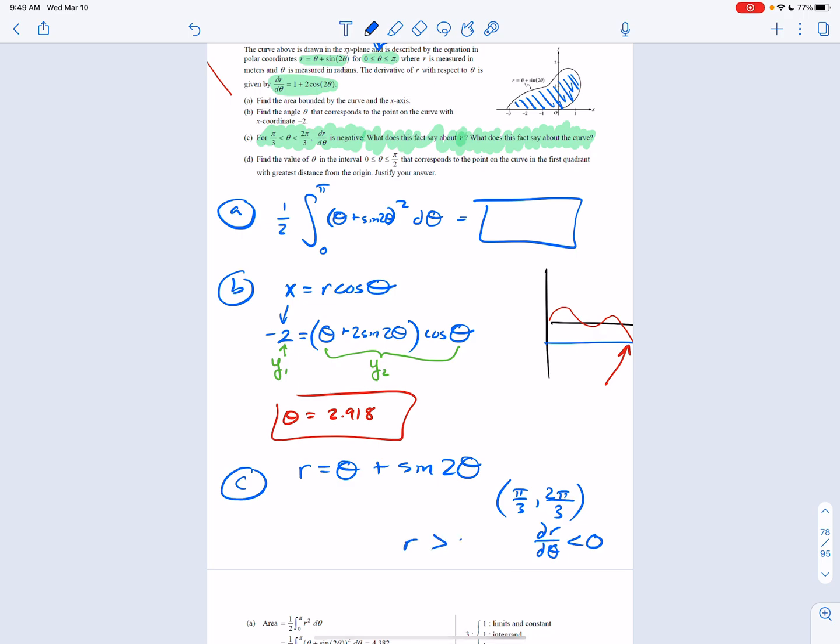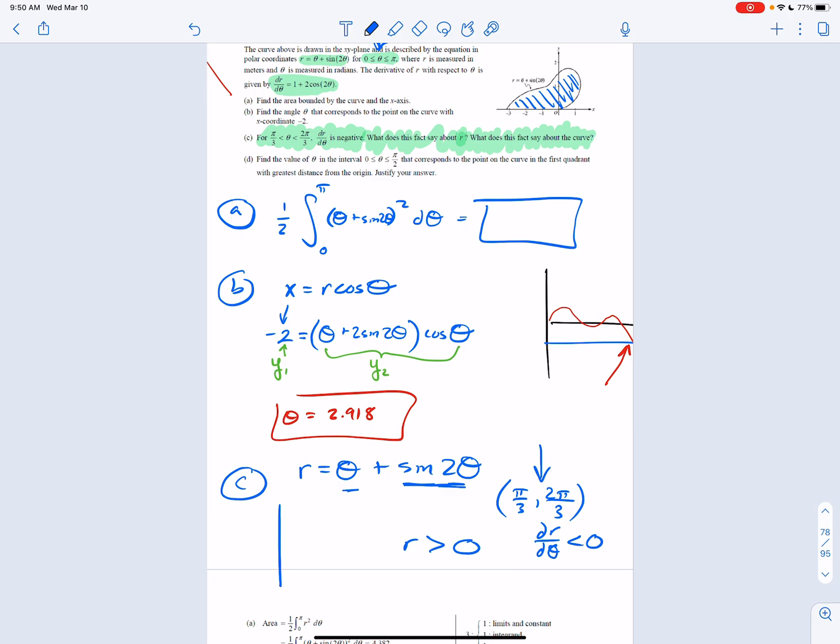The only thing missing here is, well, what's happening with r? Is r greater than 0 or less than 0, right? And this is where you actually have to analyze this. If you pick any angle in here, pi over 3 to 2 pi over 3, that's somewhere in between quadrants 1 and 2. So you know sine will always come out positive there. So that means you're adding positives with more positives, which implies that r is greater than 0.